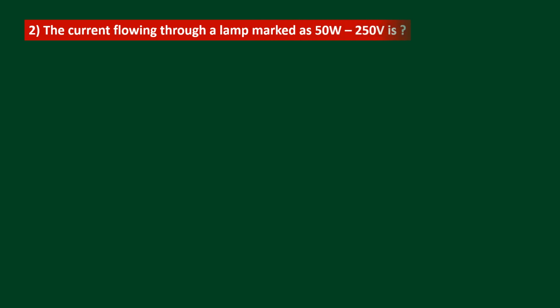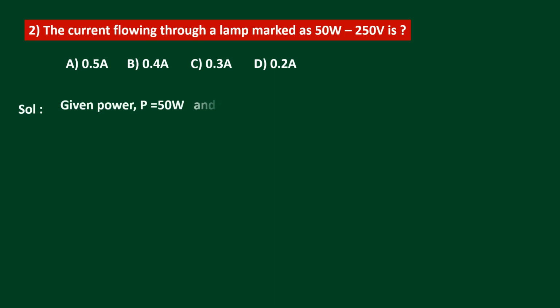Now let us see another question. The current flowing through a lamp marked as 50 watts 250 volts is. The options are 0.5 amperes, 0.4 amperes, 0.3 amperes, 0.2 amperes. Given power P is equal to 50 watts and voltage as 250 volts.